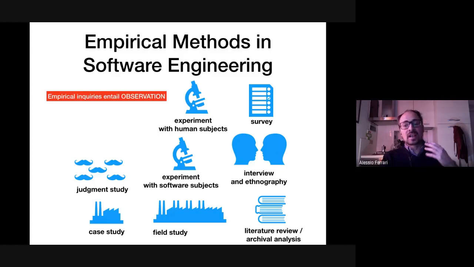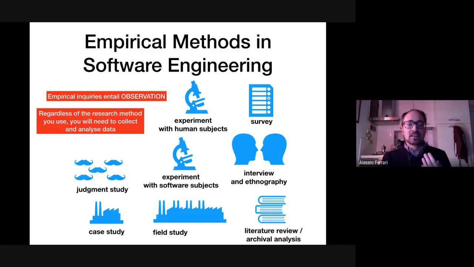As I showed in the previous lecture, you always start from some observation in reality, then you go back to the theory space, and then you move again to reality to test your theory. So you always observe and you always have to collect some data. Any empirical method that I will teach you will need some form of data collection activity.